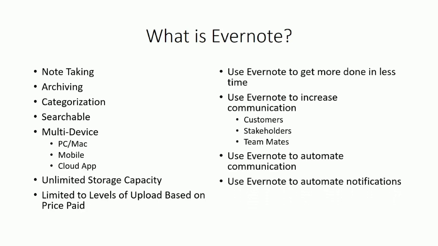It can also be used to automate notifications. Basically, Evernote can be used to work smarter, especially by using its automation features. And so as a result of that, in this course, we're going to be focusing on how you can automate communication and notifications so that you'll be able to work smarter.